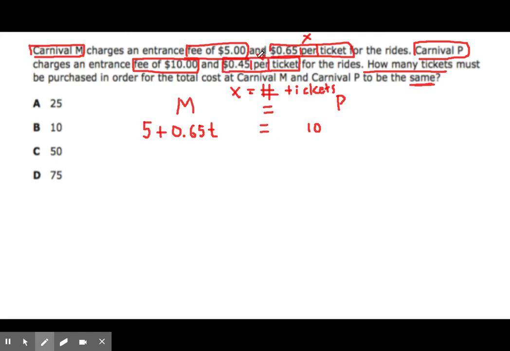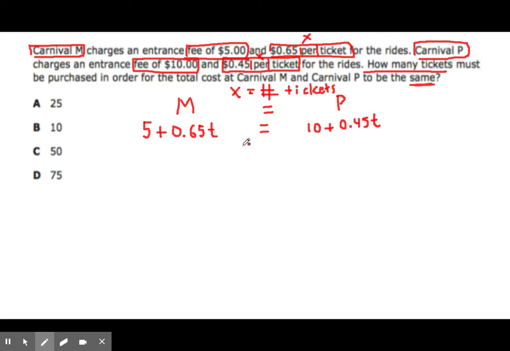So I'm taking that 45 cents and I'm multiplying it by the number of tickets. Again, we don't know the number of tickets. That's my variable. That's my unknown. So we're going to use the T to represent the number of tickets. And again, to get our total charge for Carnival P, we need to add the cost for the fee plus the cost for the rides, right?